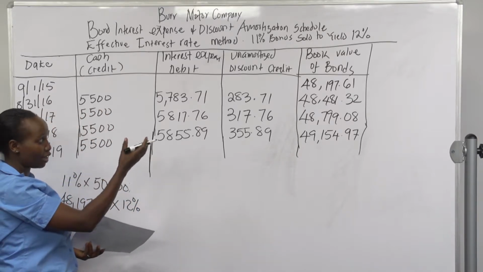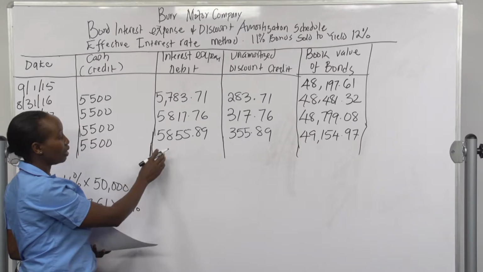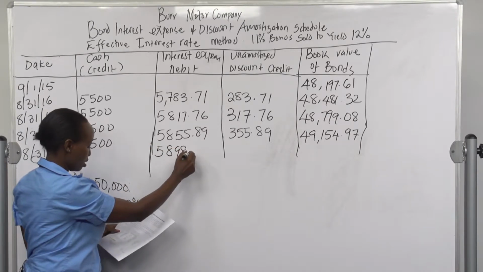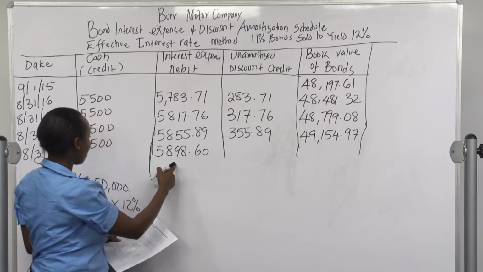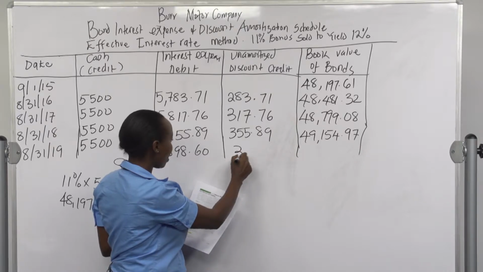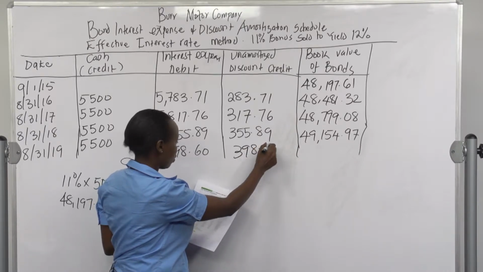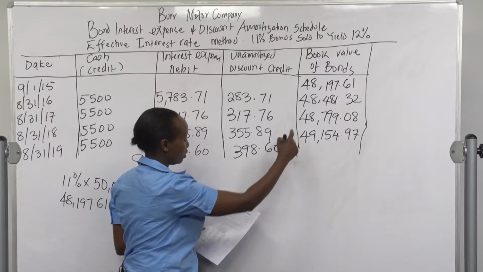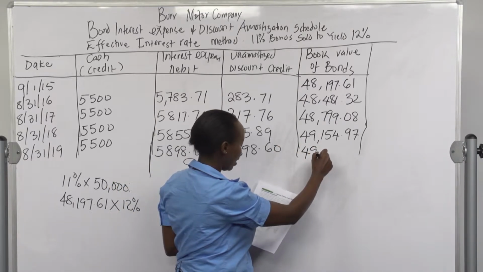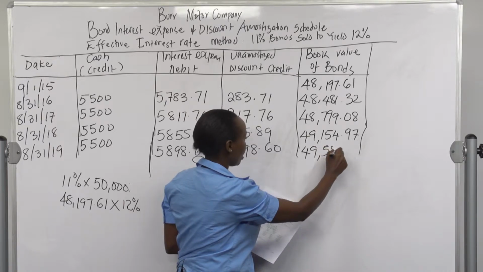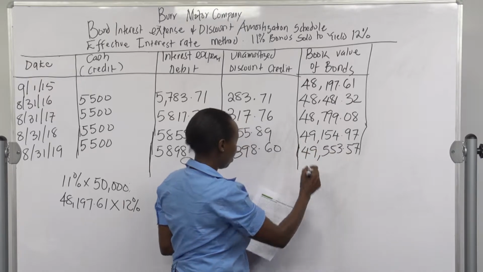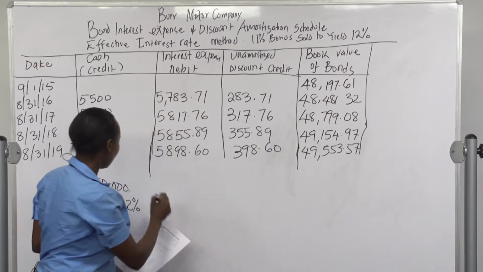Repeat again. 49,154.97, the last carrying value, times the yield rate gives the interest expense, which is $5,898.60. Subtract 5,500 from it, and we have 398.60. We add it to 49,154.97. Now we are up to 49,553.57. We repeat this again, the next one.